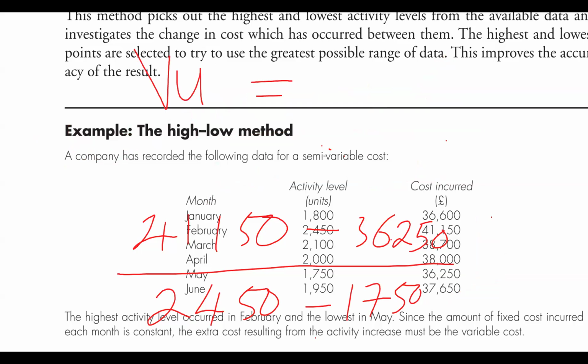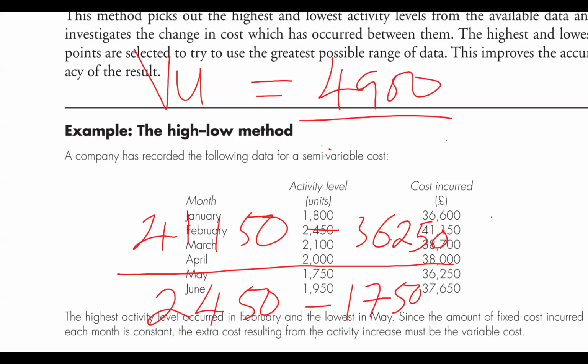On top we have 4,900. Then 2,450 minus 1,750, we have 700.